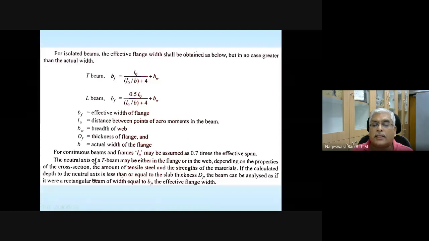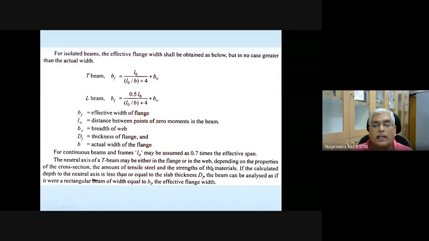The neutral axis of a T-beam may be either in the flange or in the web, depending on the properties of the cross section, amount of tensile steel, and strength of the concrete and steel.